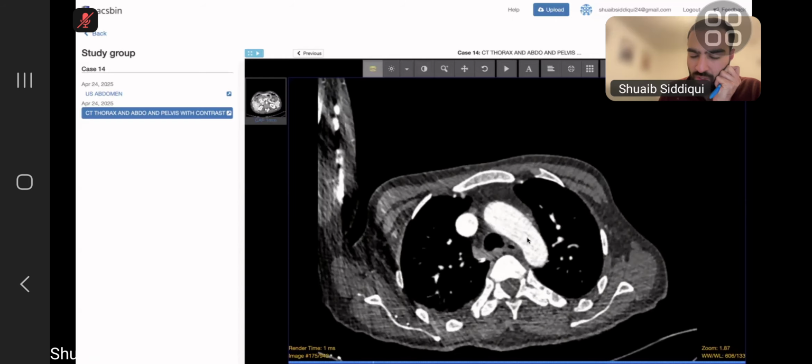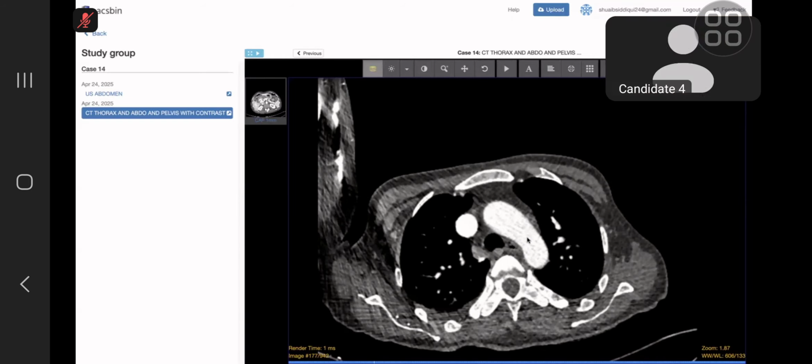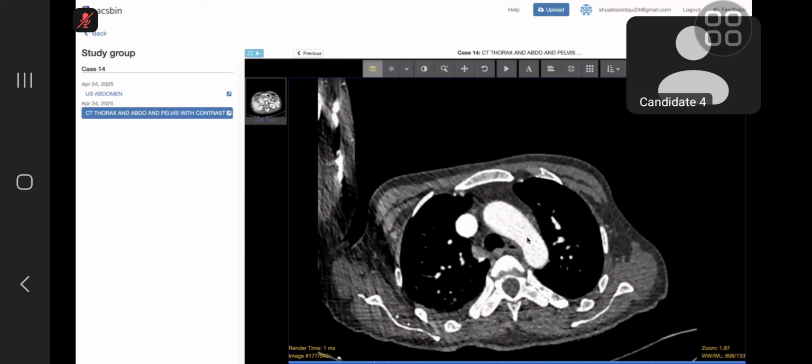Okay, so summarize what you think is going on. So in a young patient with abdominal pain, the ultrasound of the liver shows multiple dilated vascular channels involving the porta hepatis, with increased flow and multiple dilated vessels in both lobes of the liver.